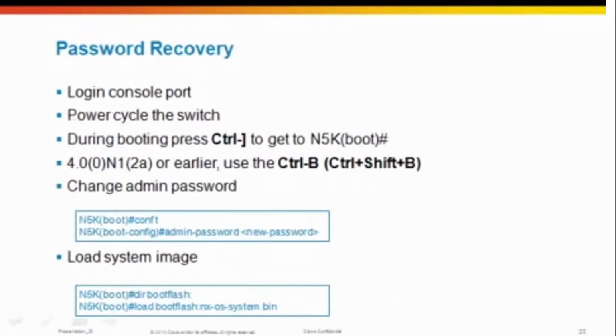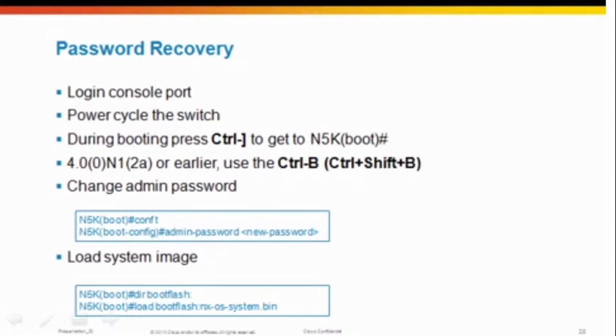Let's move on to password recovery: how to recover and get back on your 5K. Log into your console port and power cycle your switch. During booting, press Control-] to get to the 5K boot prompt. In case you're running earlier code, 4.0(1) or earlier, the process is slightly different. It's Control-Shift-B to get to the boot prompt.